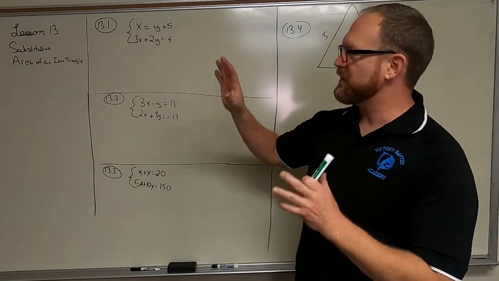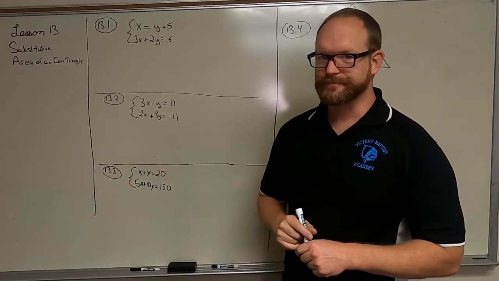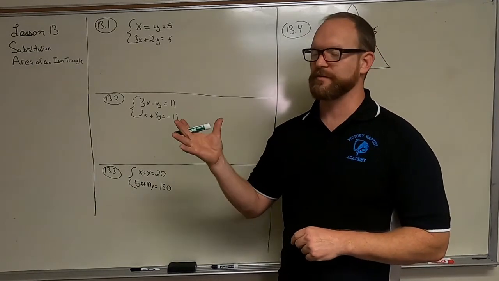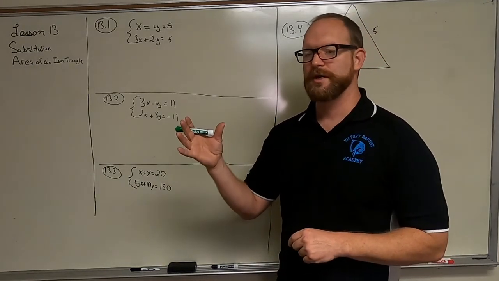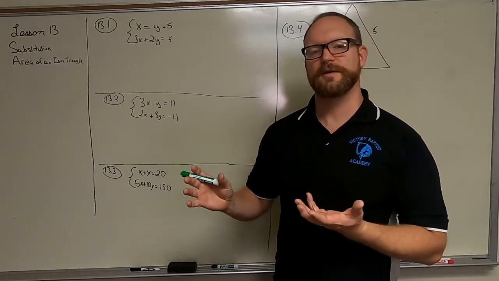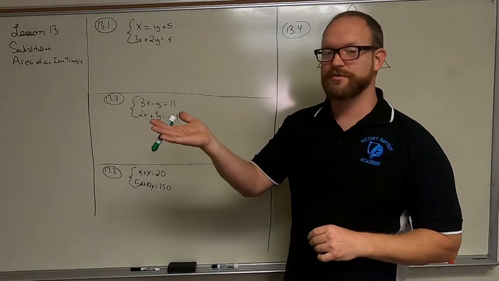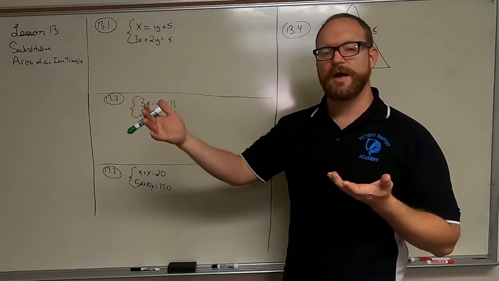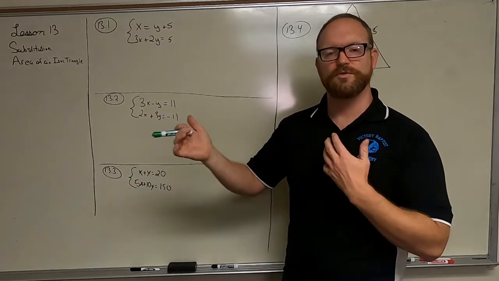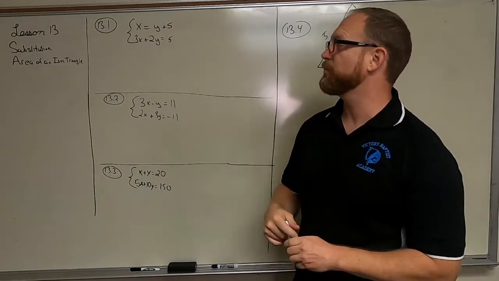We're going to put one thing in for another. And remember that the substitution axiom said that if we have a solution that we can plug in for a specific number, it's the same thing. It doesn't hurt it. So remember, if I have the number 4, but I have the solution 2 plus 2, I can replace one with another without hurting the equation. So we're going to do that right here.